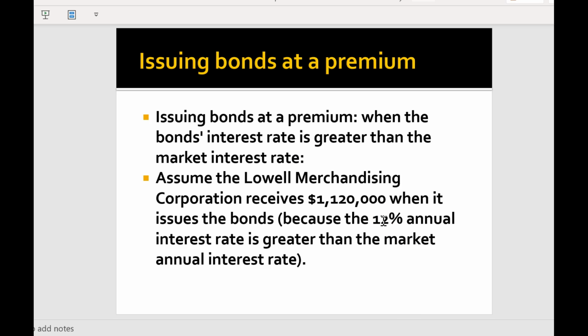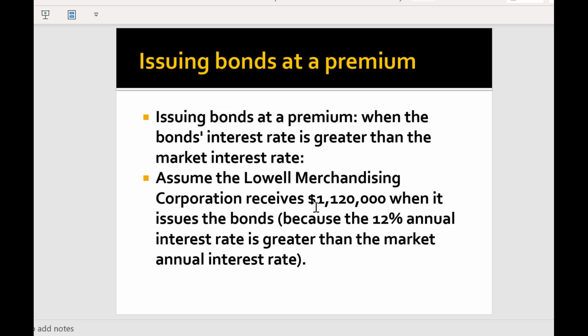So the investor will feel, well, if I deposit the money in the bank, I might as well lend the money to this company. So in that case, the demand for the bond is greater and the price of the bond will go up.